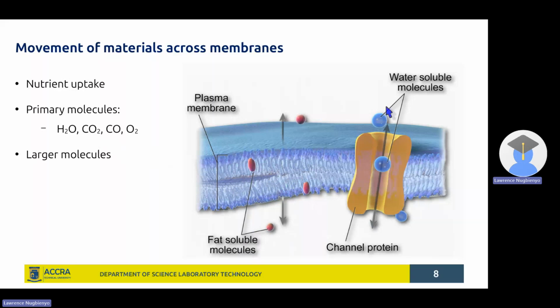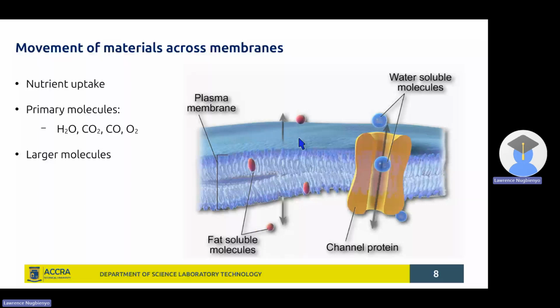How about water molecules, for instance? Water molecules will have to be transported through some special protein channels because water and the lipid will not mix. Just as you have seen the fat-soluble diffuse easily, water will not be able to do that.